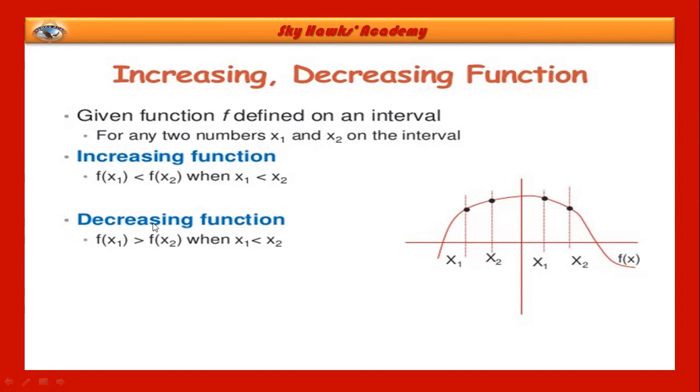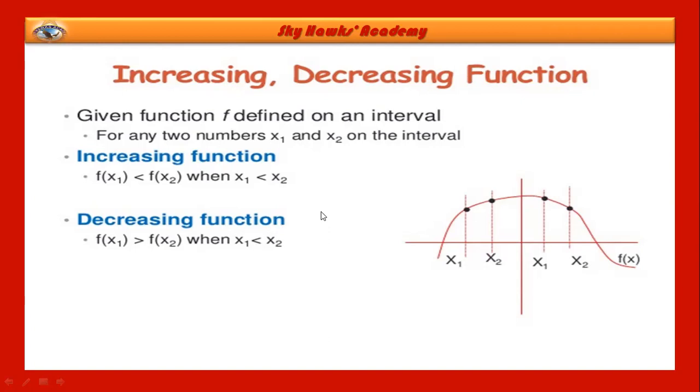And in the reverse case, if x1 is less than x2, as you can see over here on the negative side, but f of x1 is greater than f of x2, then you can say that the function is decreasing. I'm sure you are getting these two definitions.